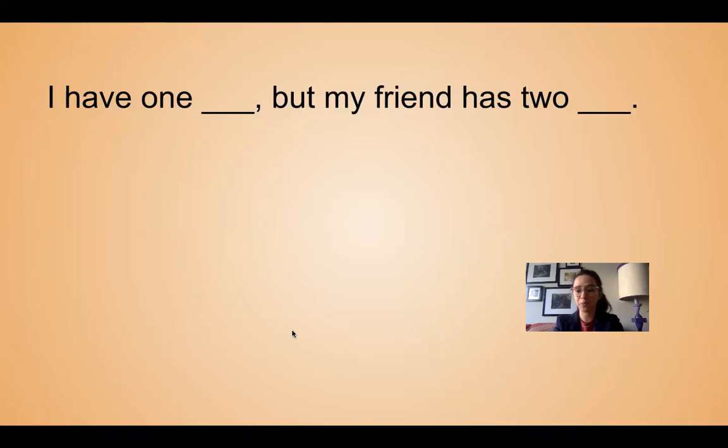I see many wonderful sentences you are showing me. I see that you've used the nouns pencil and jacket and car, and I see how you're making them plural and adding an S to show me that there's more than one of each of those subjects. Okay, I want you to write 2 more sentences.